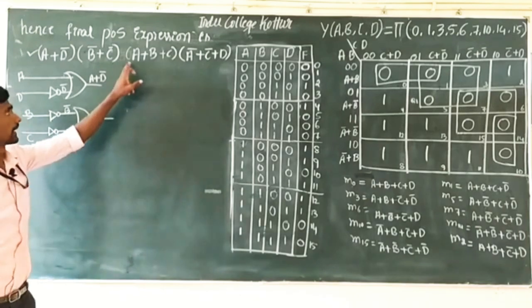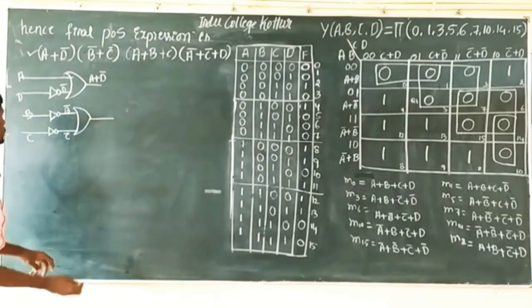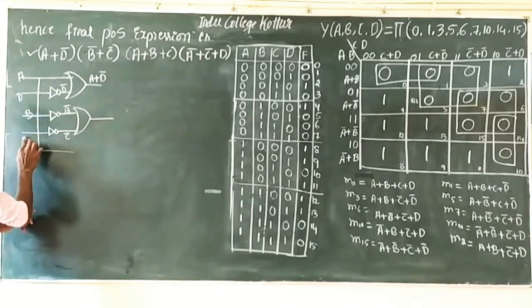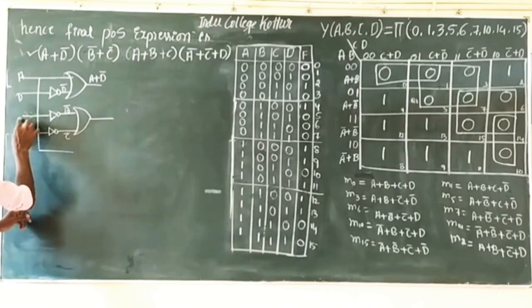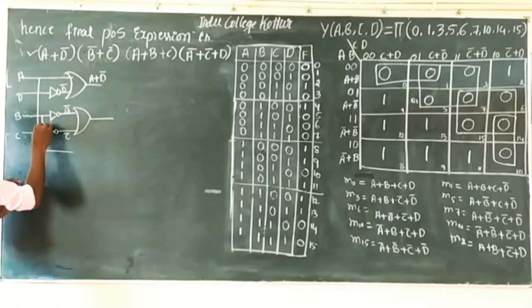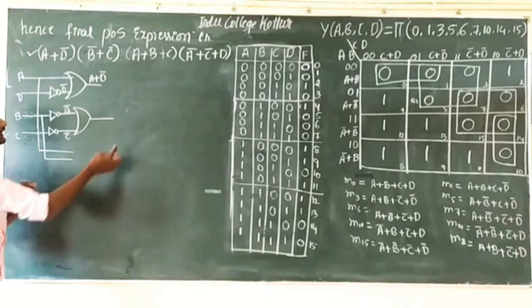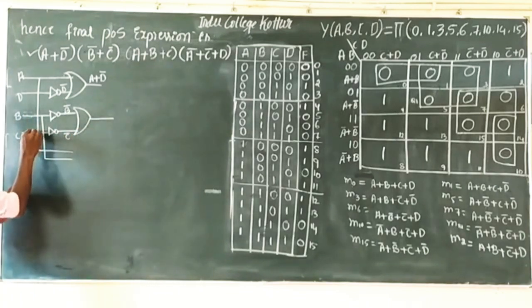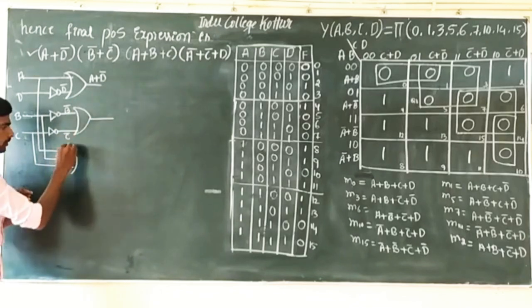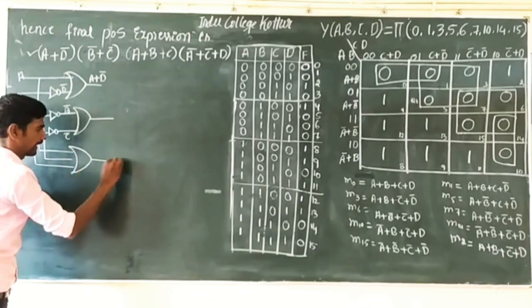Next A plus B plus C. Here is A, next here is B, next C. Here is C. OR operation, we draw the OR gate.